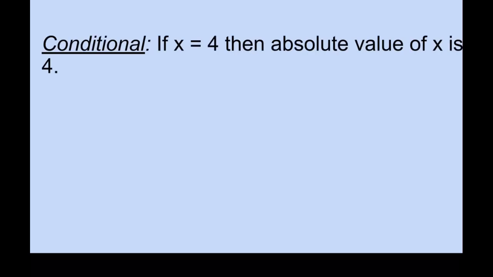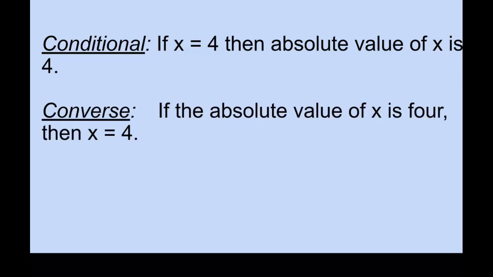Let's do another one that doesn't work, actually. So here's the conditional. If x equals 4, then the absolute value of x is 4. If you take a second, I want you to try to write out the converse of that statement. Okay, then the converse is if the absolute value of x is 4, then x equals 4.